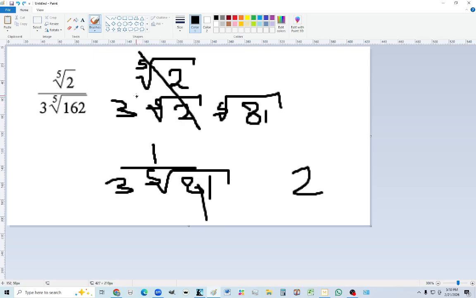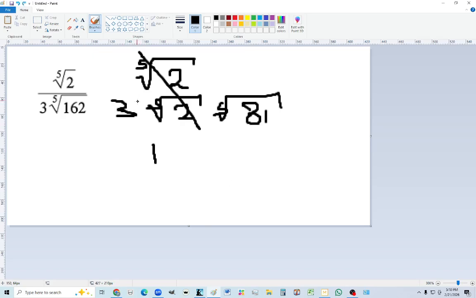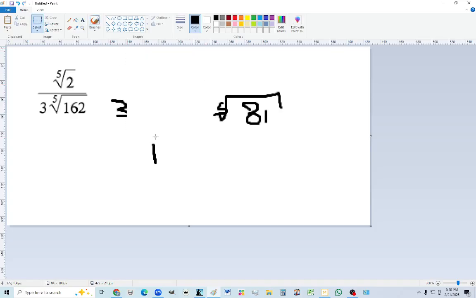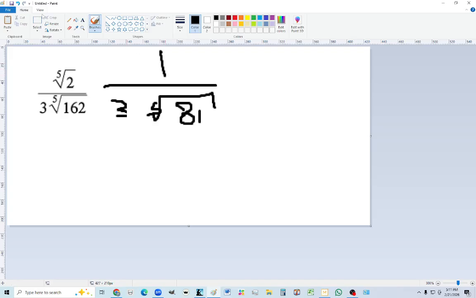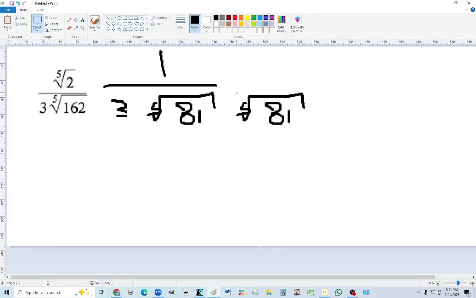The one thing your teacher did incorrectly here: yes, these cancel, but you cannot just rationalize by multiplying by the 5 root. Doesn't work. This just becomes 5 root squared, which does not cancel out. And I think your teacher doesn't realize that.